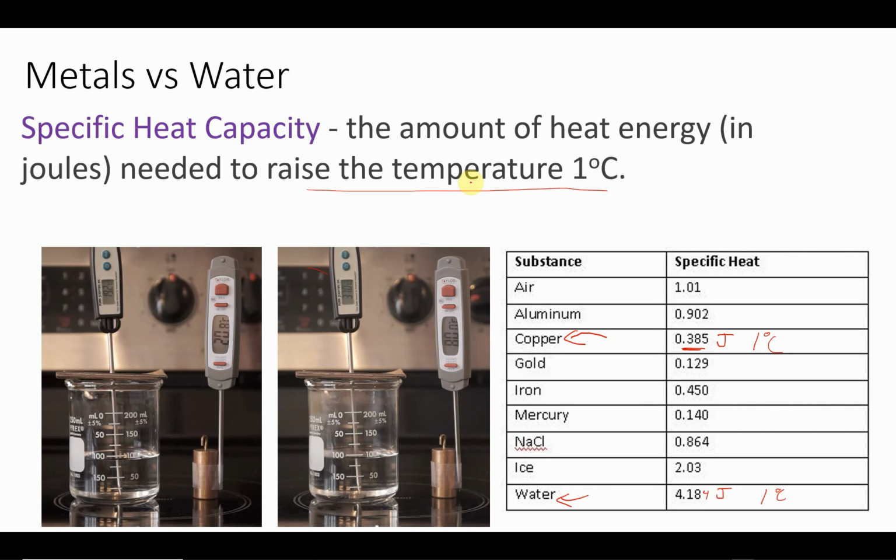That's to raise the temperature by 1 degree Celsius if you're doing 1 gram of material. That's super important, and that's why they call it the specific heat capacity. It's specifically for 1 gram of material. So for copper, if you have 1 gram, and we don't, remember we had like 93 grams, but for 1 gram of copper you needed 0.385 joules of energy if you wanted it to go up 1 degree Celsius.